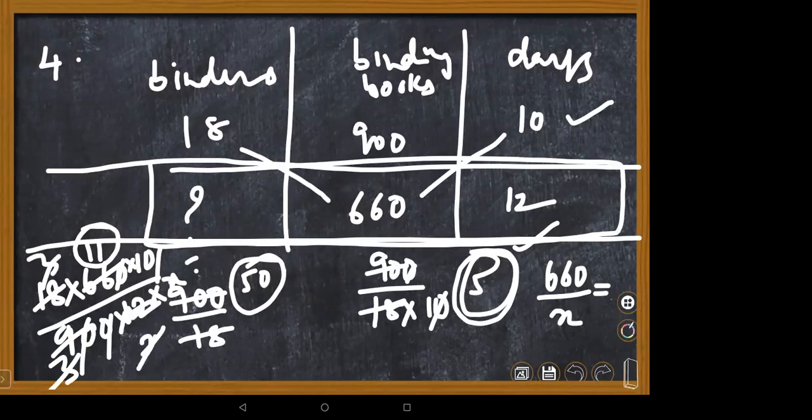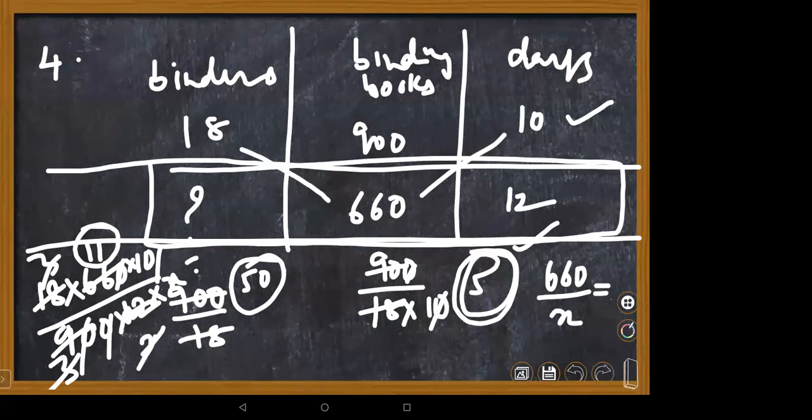Is it inverse variation, Satvik, or direct variation? Ma'am, it's direct. It is inverse, right, ma'am? No, 18 binders are doing 900 books in 10 days. Ma'am, it's inverse. Binding books are 660, so what happened to the days? 660 means ultimately it will be reduced, right?